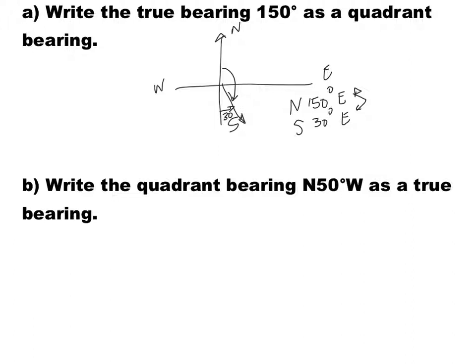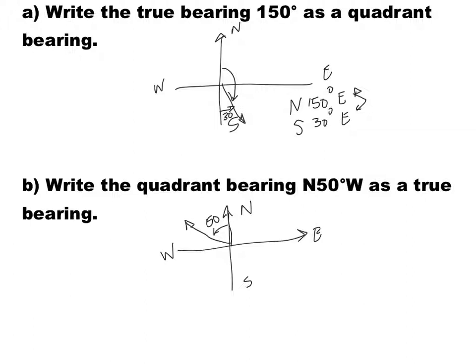The next question says, write the current quadrant bearing north 50 degrees west as a true bearing. Again, it is north, so going this direction, and then 50 degrees west, so it's going to be this direction. So this direction angle is 50.